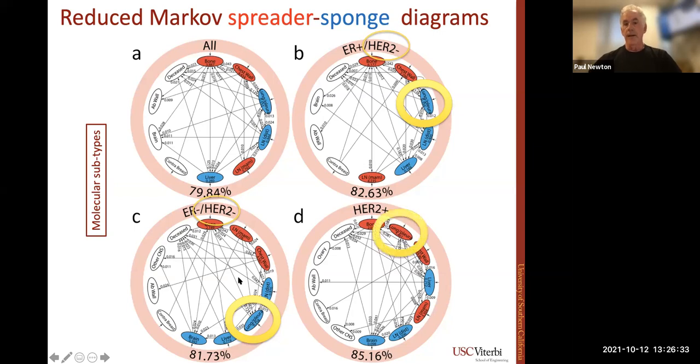On the other hand, for the HER2 positive group, the lung pleura site is much, much more probable. It's much closer to 12 o'clock, and its character totally changes. It's a spreader site. So that's just one example of many that is different about the HER2 positive group than the HER2 negative group, for example.